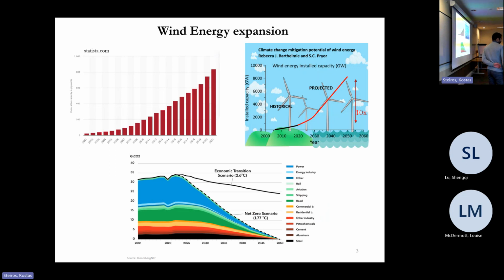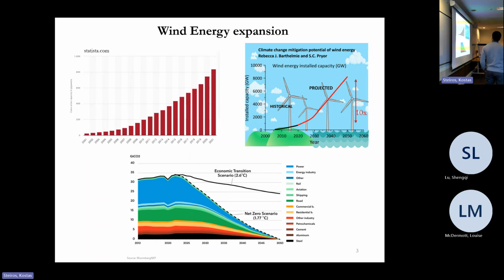So the motivation, of course, is the huge expansion that we have seen in wind turbines and wind energy. So this is the installed capacity in kilowatts globally, right? Starting from the early 2000s until now. And you can see that the growth is almost exponential, right? And this is just from statistical data. And this of course does not stop here.